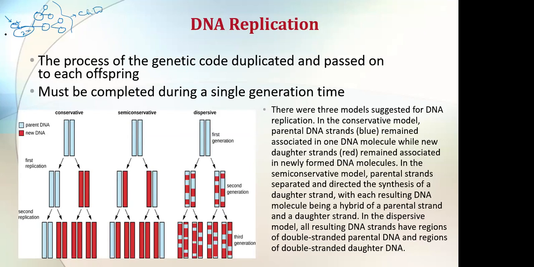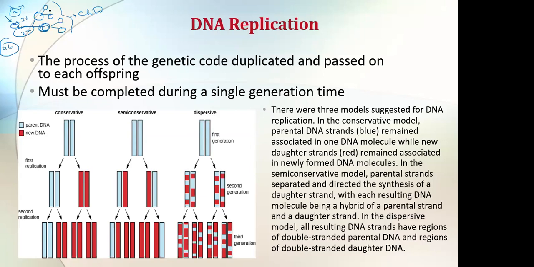We started with the sperm, which has n number of chromosomes, only 23, and the egg has 23, so we started with 46 chromosomes.